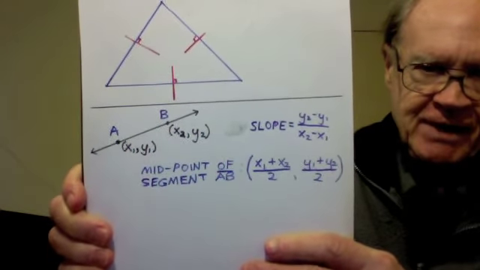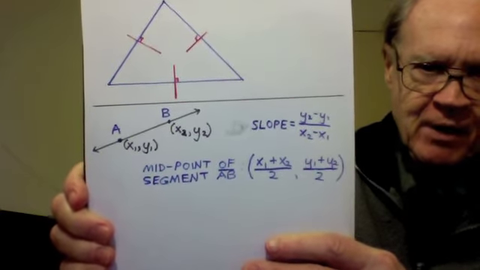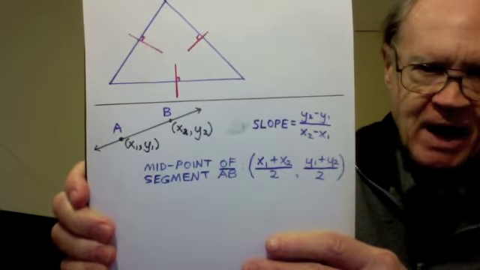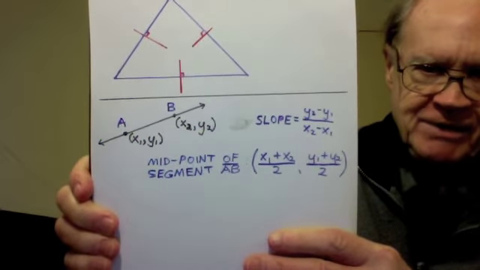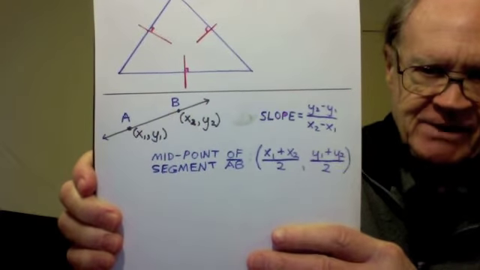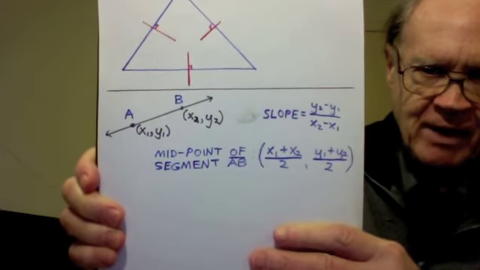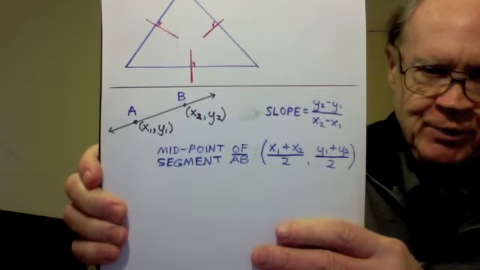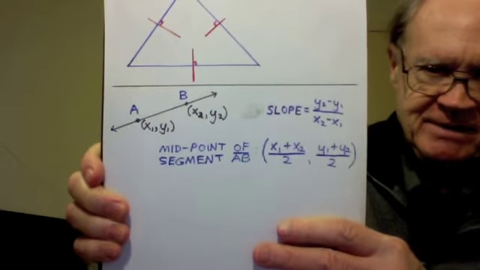They've also studied that if you consider the segment AB, that is going from A to B but not beyond, the midpoint of that segment with those coordinates at the ends is x1 plus x2 over 2 and y1 plus y2 over 2. Those are the coordinates of the midpoint of that segment.